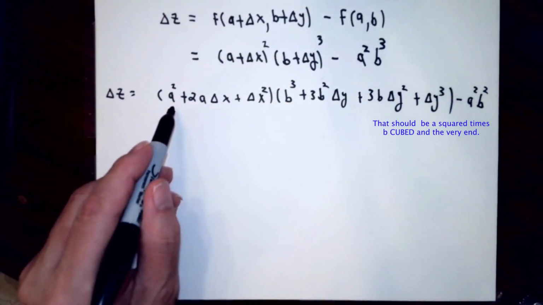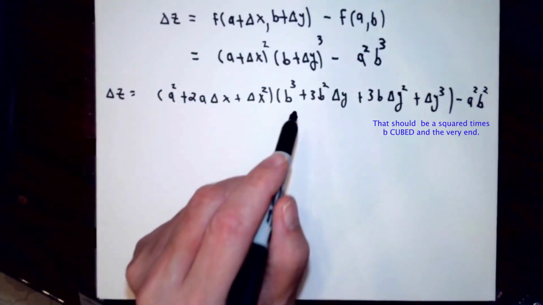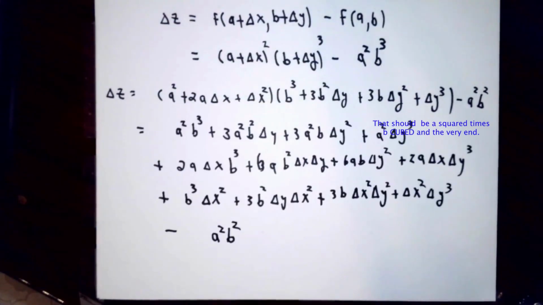I'm going to take each one of these terms and multiply them by each one of these terms, and then add everything up. So there's nothing hard about this. It's just a lengthy calculation.